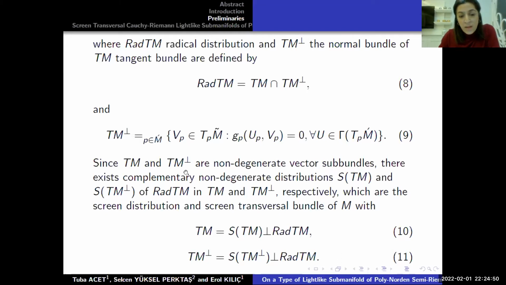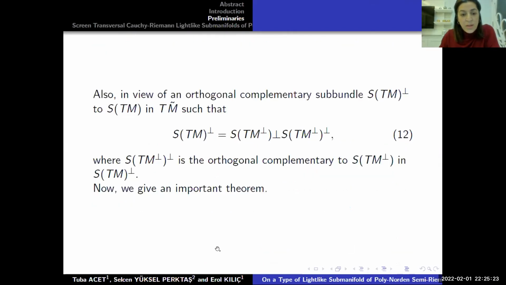Since the tangent bundle and the normal bundle are non-degenerate vector subbundles, there exists a non-degenerate distribution S(TM) and S(TM) perp, complementary to Rad TM in the tangent bundle and the normal bundle. And these vector subbundles are called the screen distribution and screen transversal bundle of the submanifold. And by this definition, we can write 10 and 11 for the tangent bundle and normal bundle.